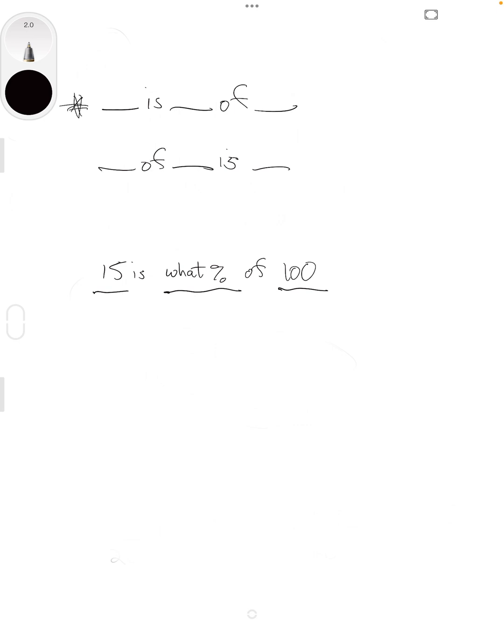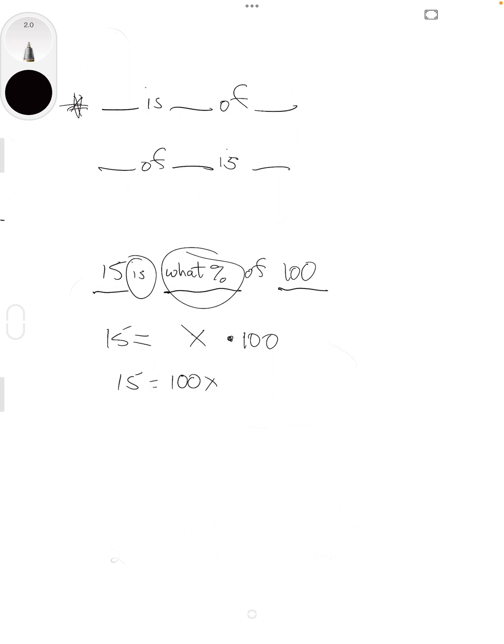So how we did those is we would basically write this as a math equation. Whenever they use the word is, that means equals. And of means times. And you have what number or what percent. Well, we'll just use x. So 15 equals 100 times x.